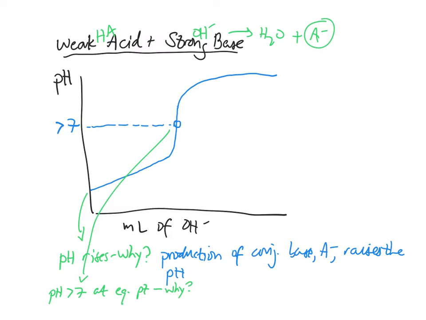And because it's a conjugate base, when it's the only thing floating around in water, because all the OH- and all the HA are gone, then the only thing that can affect the pH is A-. And because it's a base, the pH will be higher than 7, because as a base, it will raise the pH. So the presence of A- raises the pH.